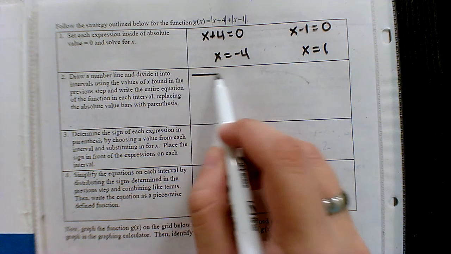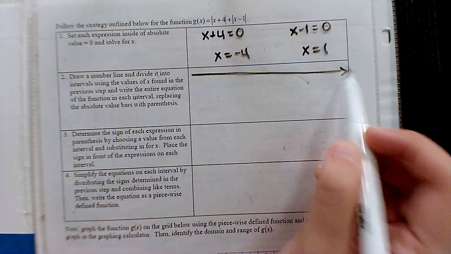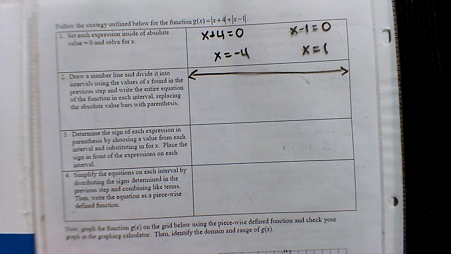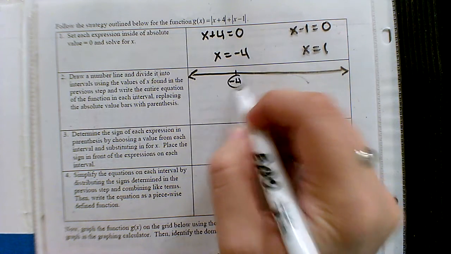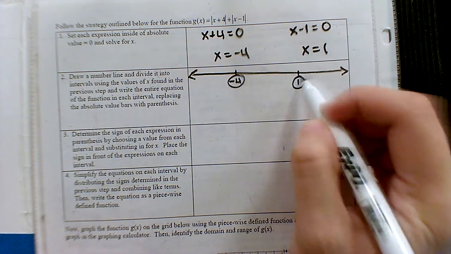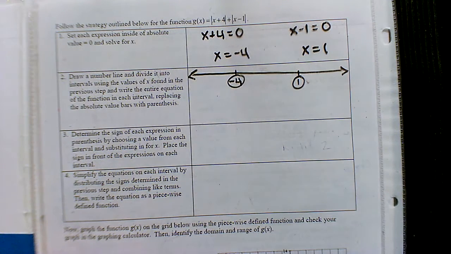Let's write our number line, going from negative infinity to positive infinity, and label negative 4 and 1 on that number line.